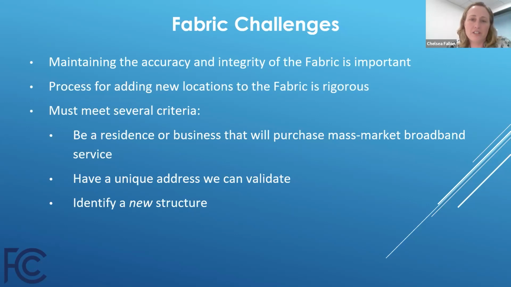Two, a new location should have a unique address that we can validate. Three, it must identify a new structure. Its coordinates can't fall on a building that is an existing BSL, but they do need to fall in a building. And if there's already a BSL on a single residence parcel, we generally cannot add a second one.